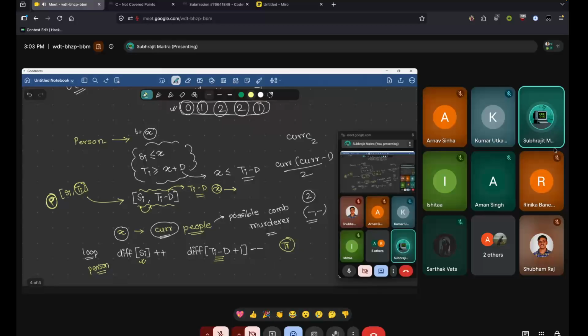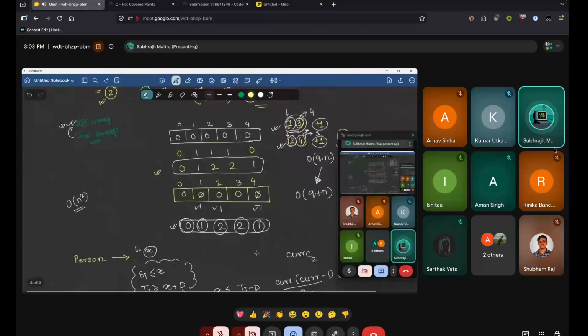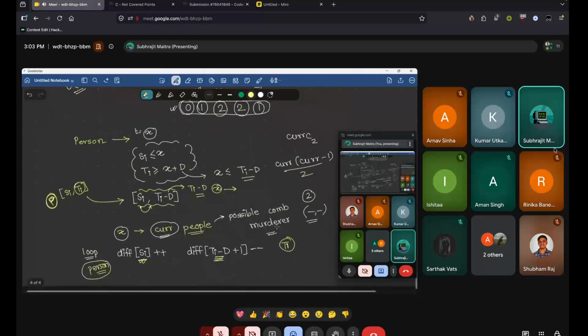So this person can contribute as a suspect in this range of the array only. That is what we were doing in this case also. If you choose the timings between this range, then this person will contribute plus 1, meaning yes, I can be a murderer in that case. Now is it clear?